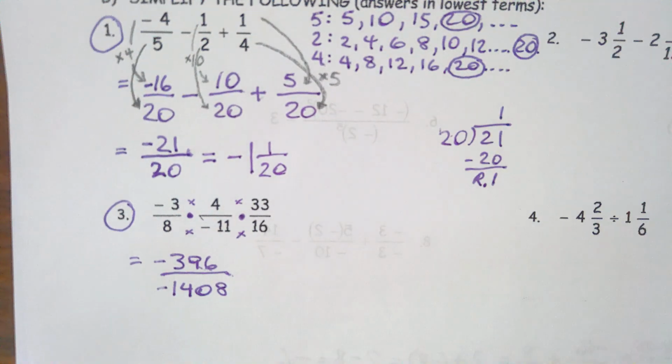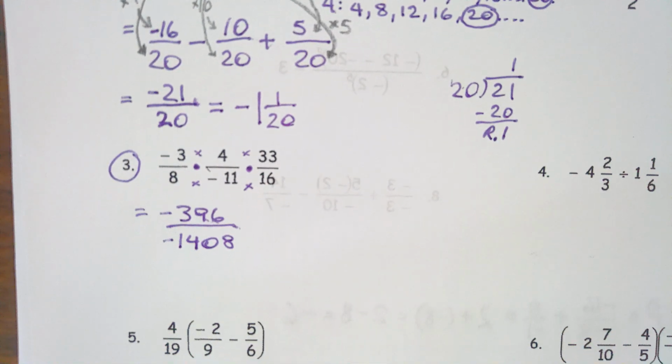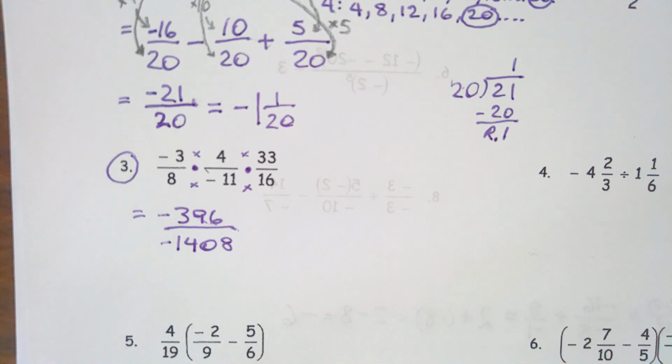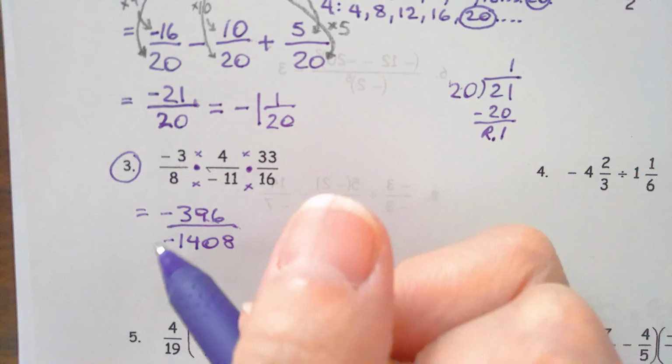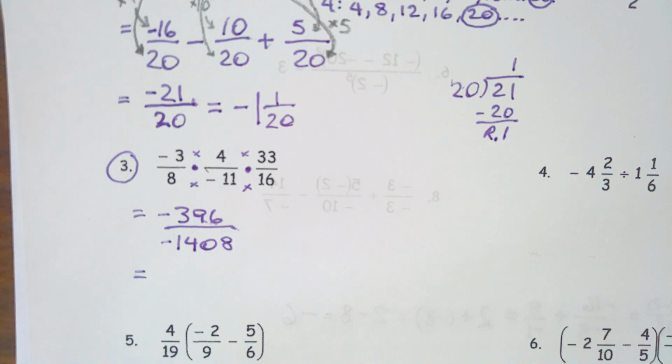Okay. Is this a good final answer? No. What do I have to do? Simplify, reduce. Okay. First off, is my final answer going to be positive or negative? Positive, because two negatives make a positive. So that's my first step. Second step.